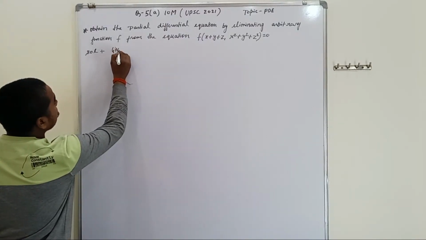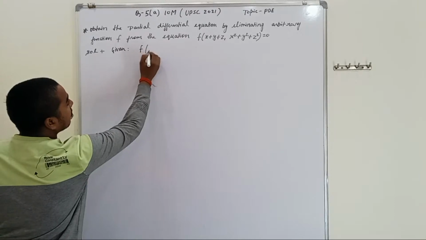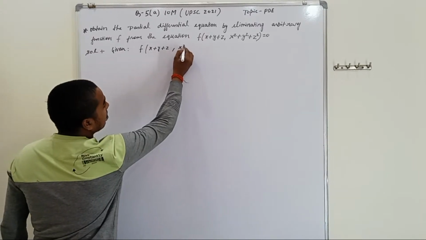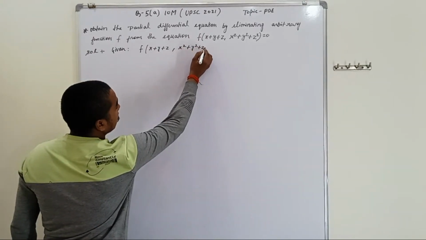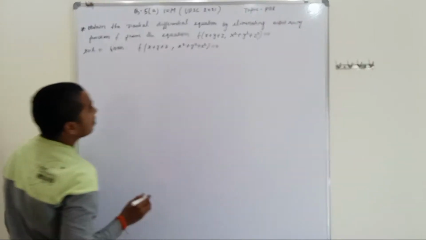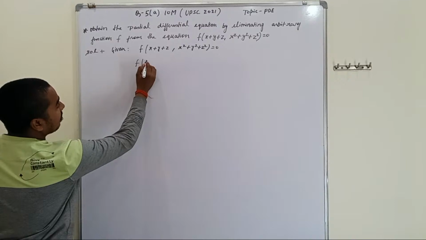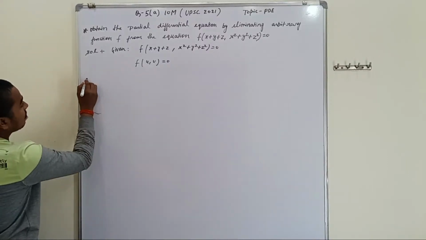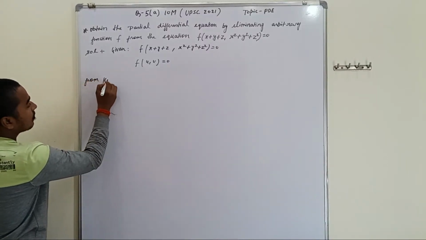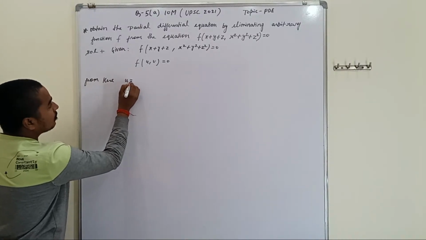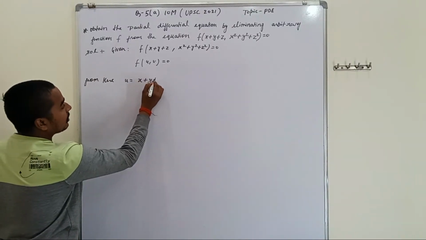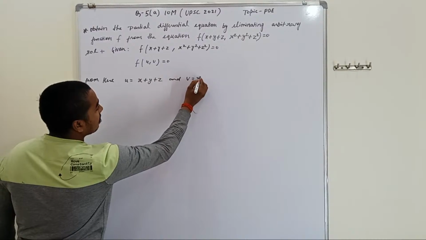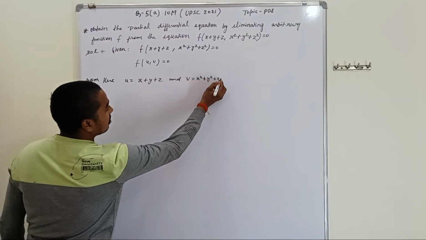Given f of (x plus y plus z, x square plus y square plus z square) is equal to 0. This is of the form f of (u, v) is equal to 0. From here, u is equal to x plus y plus z and v is equal to x square plus y square plus z square.